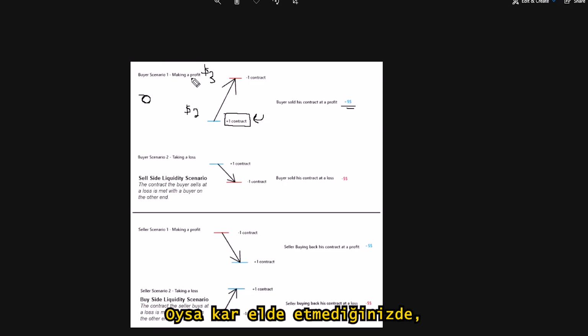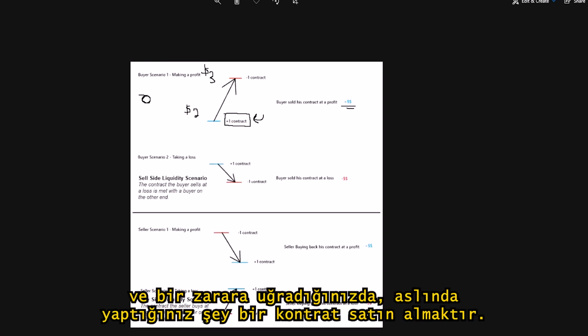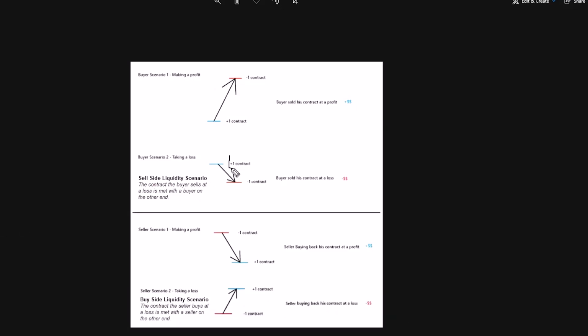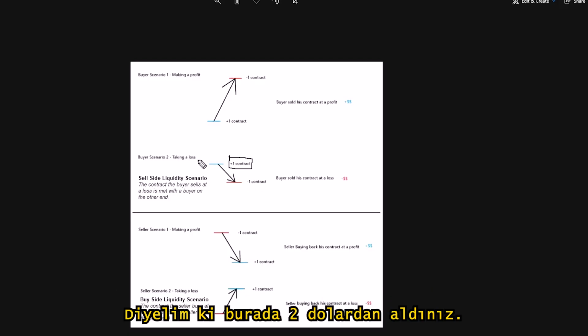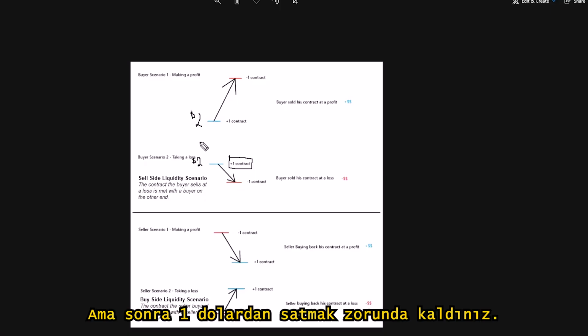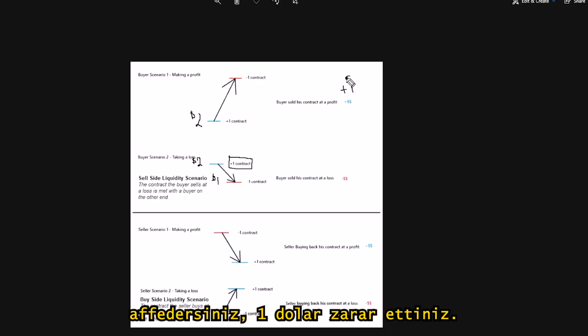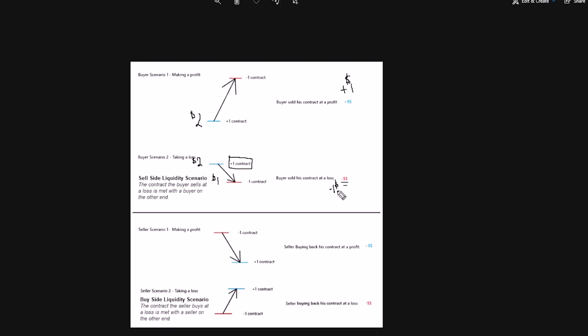Whereas when you incur a loss, essentially you bought a contract, and unfortunately at a later date, price went down. So let's say you bought at $2, but then you had to sell at $1. So instead of generating plus $1, you incurred a loss of $1.